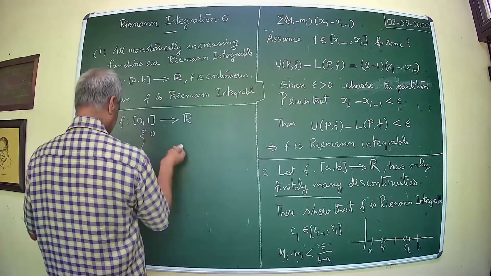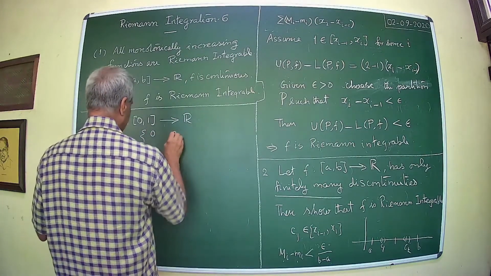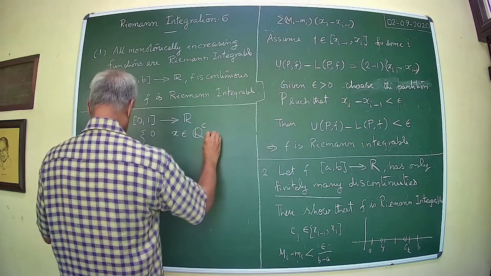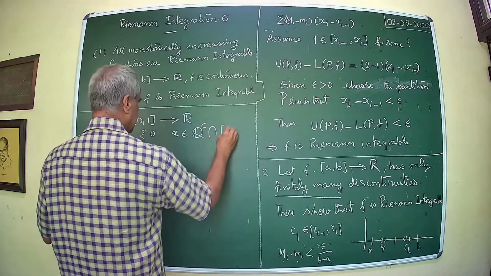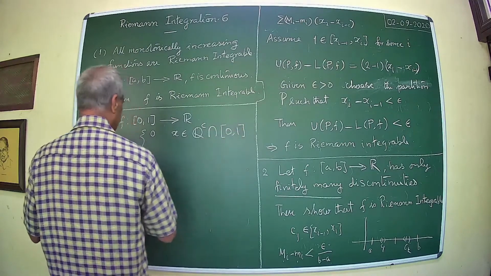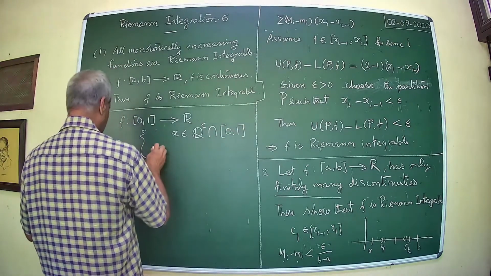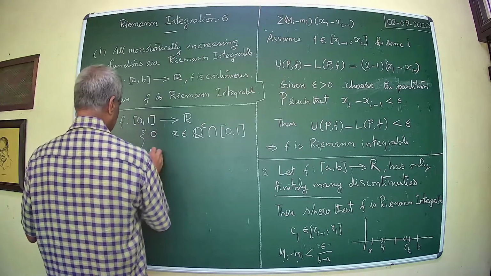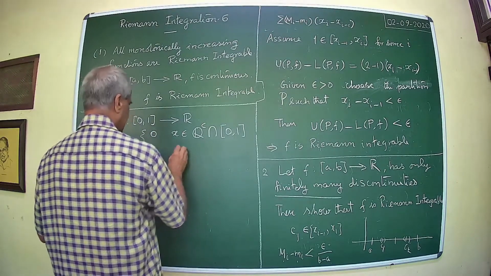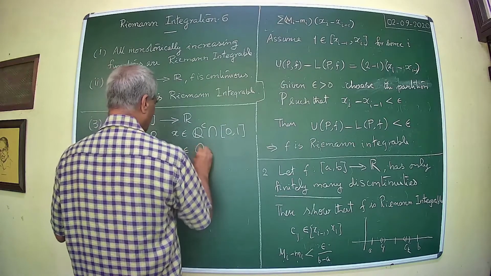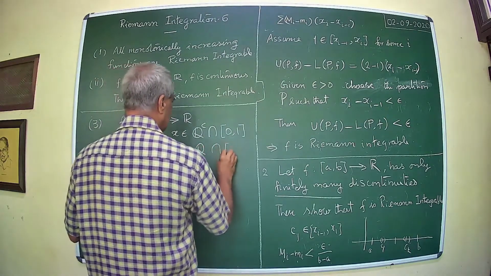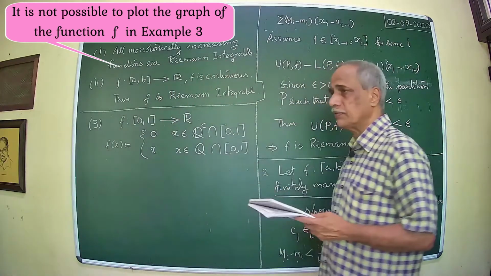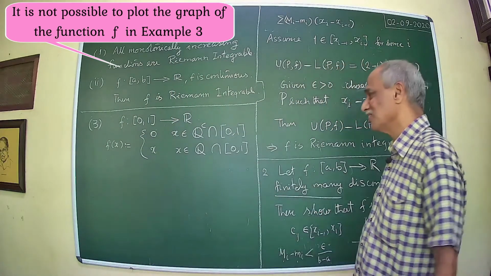Say another version of the Dirichlet function. Take the function to be equal to 0 on the interval intersect the complement of Q, and x on the interval intersect Q. Of course, you cannot plot this function, obviously. Okay.